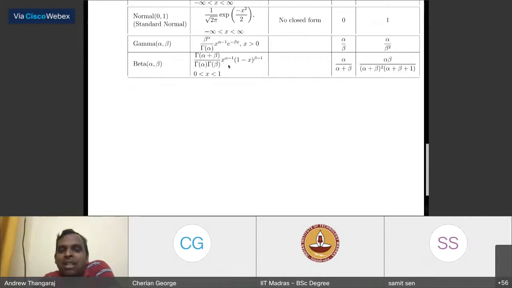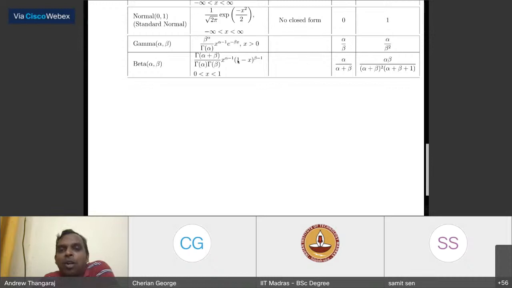It's something that makes the total one, and then you just look at x. x is the variable here, and you see x to some power times 1 minus x to some power, and that's it. It's a nice polynomial. You'll get something very simple. If alpha and beta are integers, it's a simple function like that. So nothing to be scared of as such.